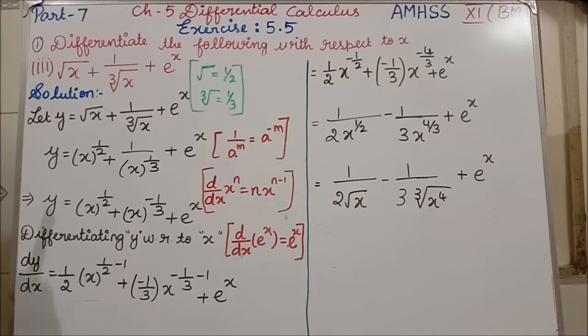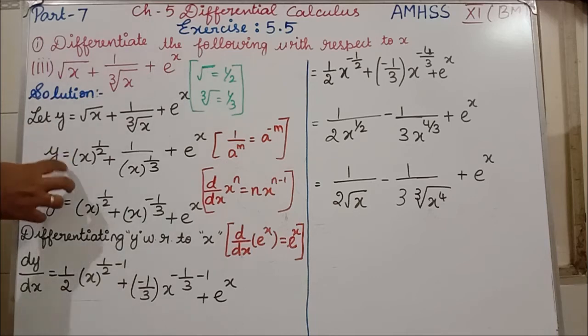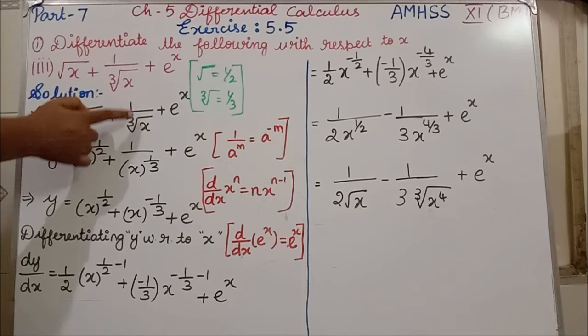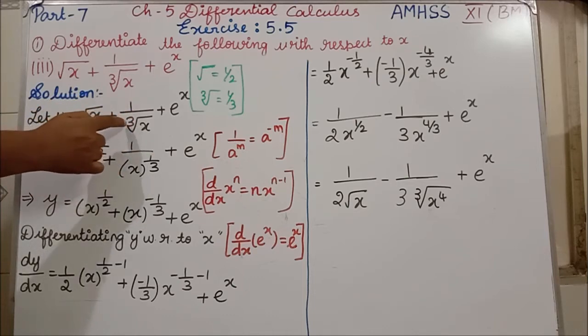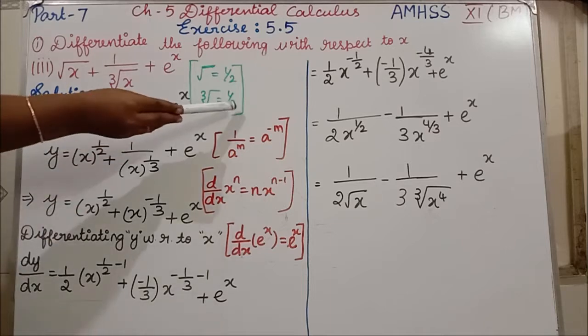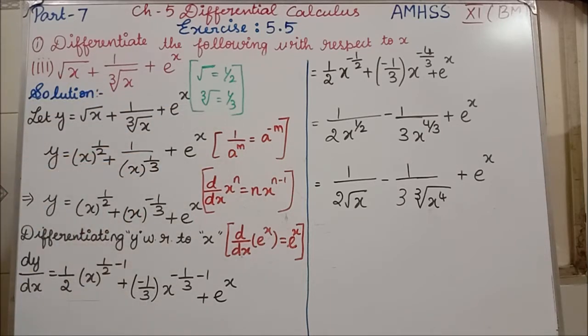Square root means whole power 1 by 2, so I have written x whole power 1 by 2 plus 1 divided by cube root, and cube root means 1 by 3, so x whole power 1 by 3 plus e power x.